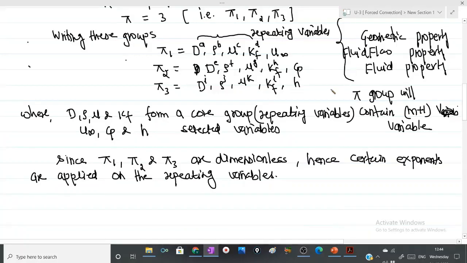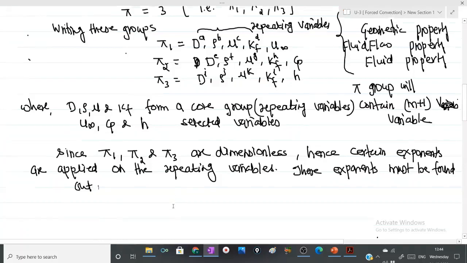In each case, we have provided a, b, c, d, e, f, g, h, i, j, k, l. All these are the exponents provided over these repeating variables d, rho, mu, and kf. So these exponents must be found out, that is, their values must be found out. Okay. So let us do the exercise to find out.